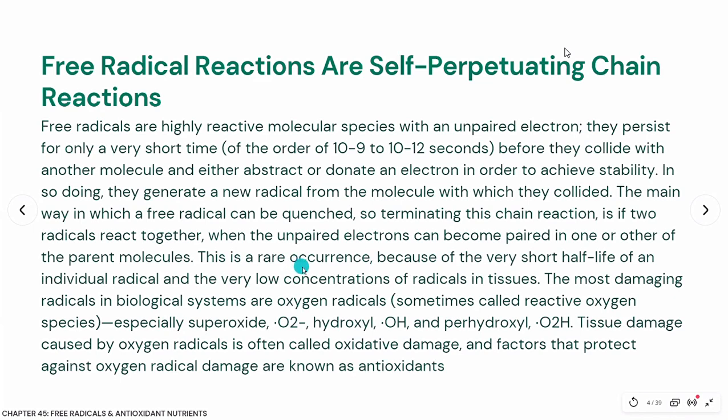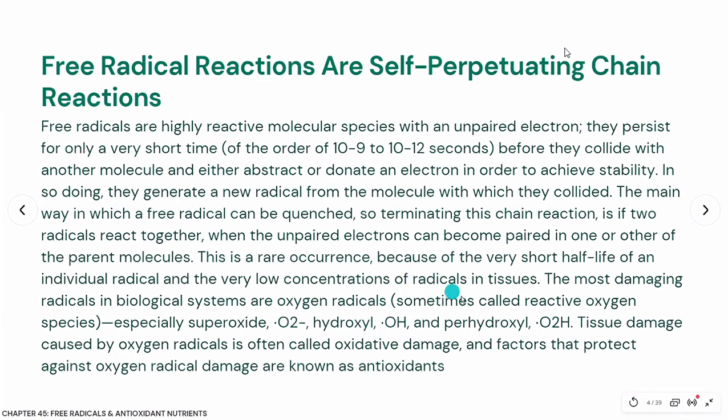Now it says here, this is a rare occurrence because free radicals have a very short half-life and very low concentration in the tissues. Very low concentration. However, if they remain free radicals, they can do damage by the chain reaction.